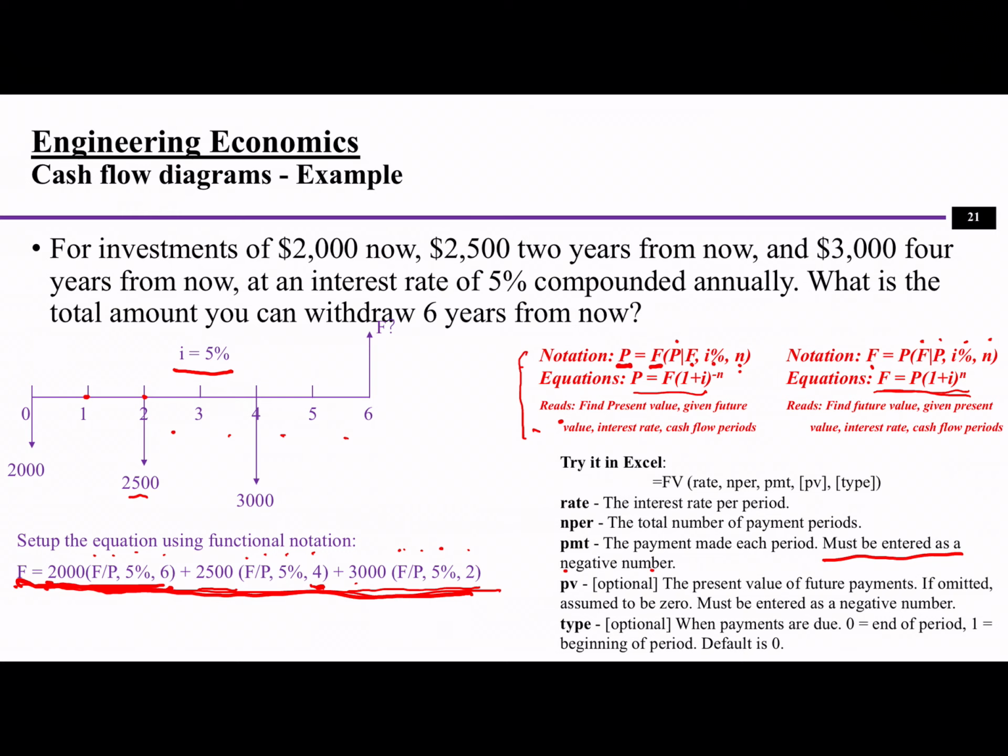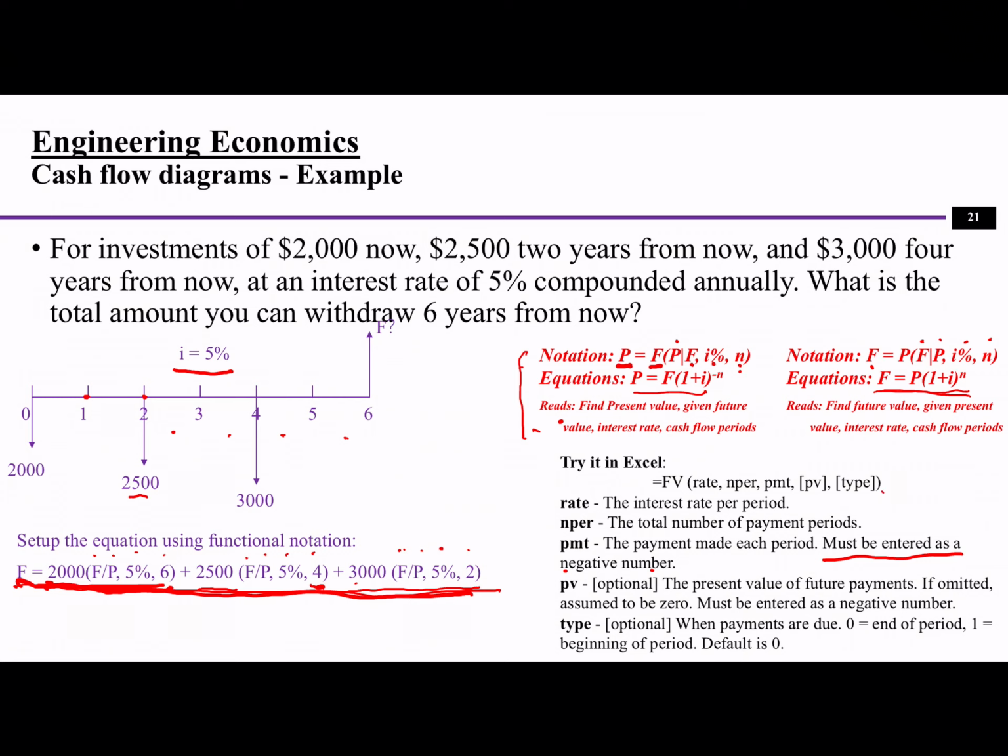There are also two other optional arguments you can enter into Excel. PV is the present value of the future payments. The amount is assumed to be 0, and must be entered as a negative number. It's optional. Type is the same thing; it's optional.